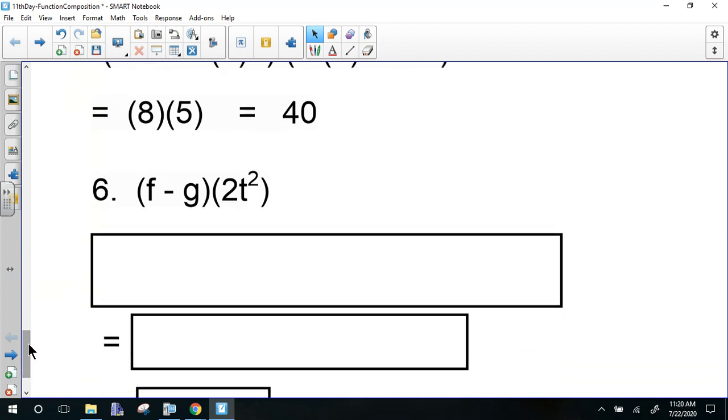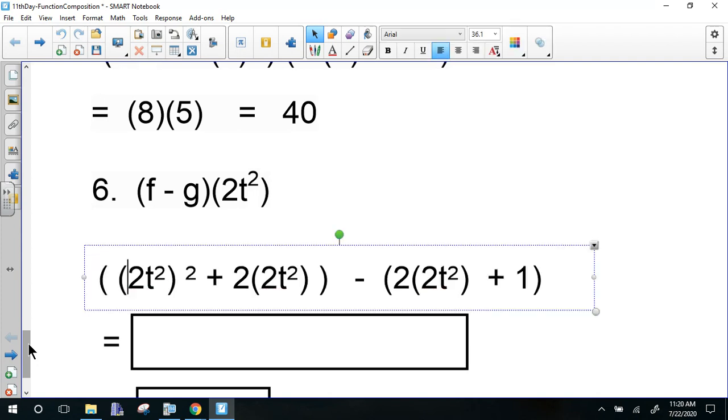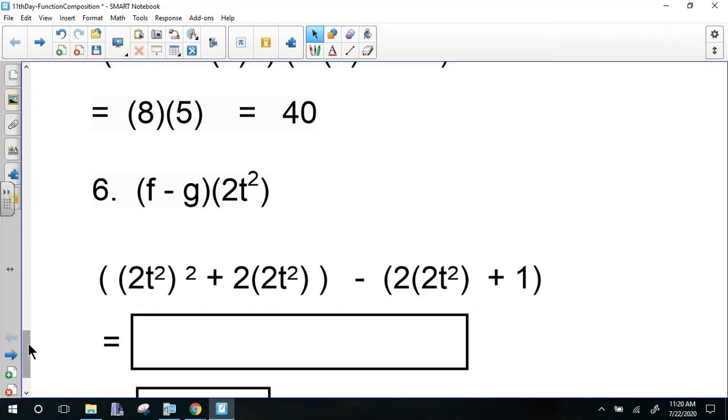Here we want to use the f minus the g and plug in 2t squared wherever I see an x. So if I plug in 2t squared wherever I see an x, x squared plus 2x, this used to be an x, that used to be an x, that used to be an x.